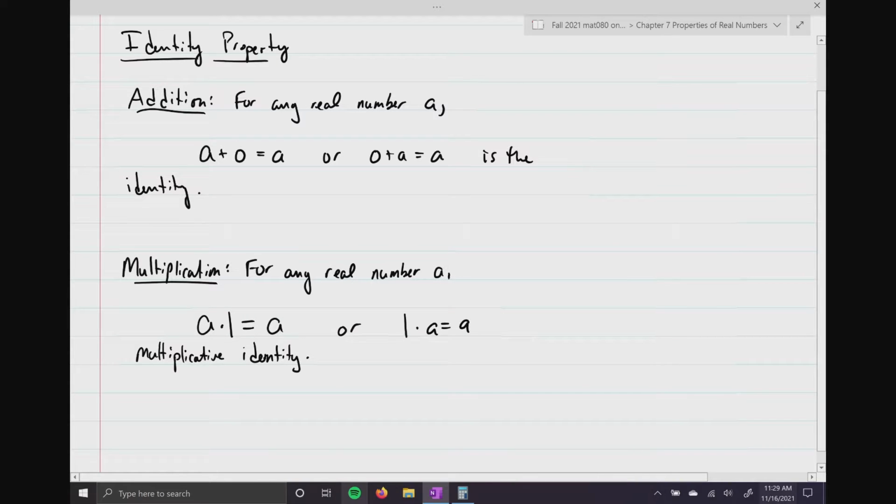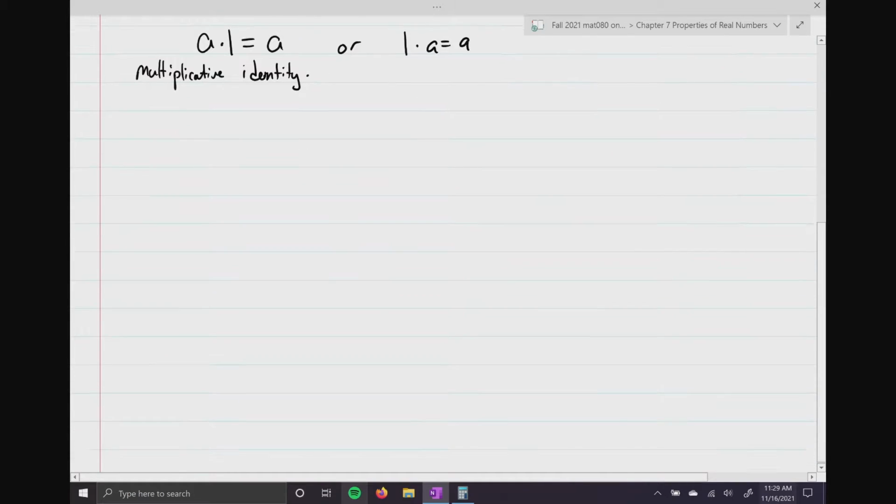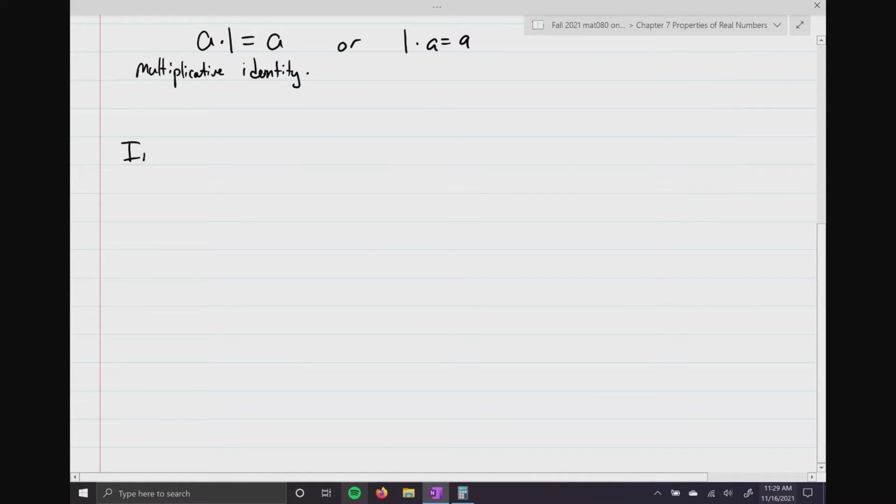Now, we do have inverse properties. And we have 2 inverse properties as well. The first one we're going to talk about is the additive inverse. So the additive inverse starts off the same way.